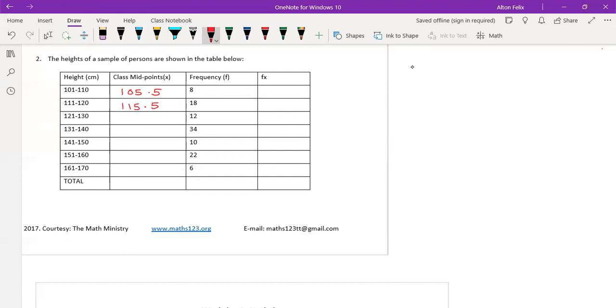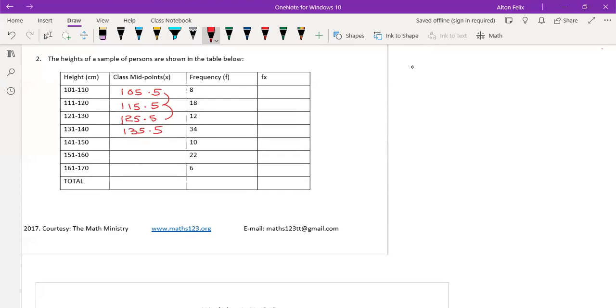And when we divide that by 2, we're going to get 125.5. So we notice that the class midpoints for each class or group increase by 10. Let's see if that happens with the next one. That one will give us 271. When we divide it by 2, we get 135.5.